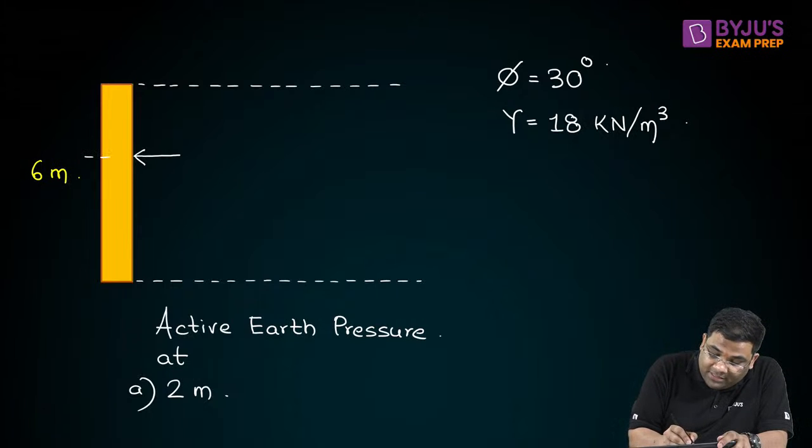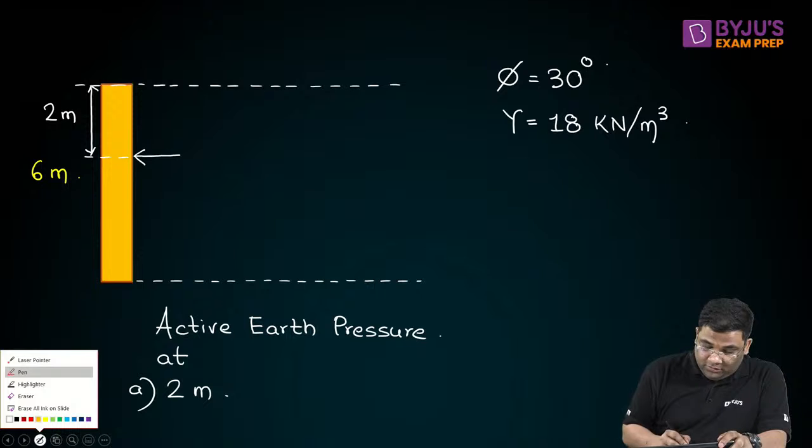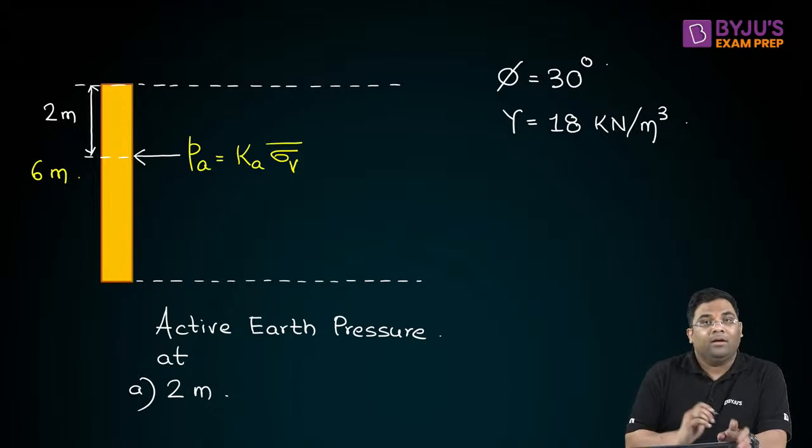So suppose this depth is 2 meter. This active earth pressure formula was simply Ka into sigma V, right?